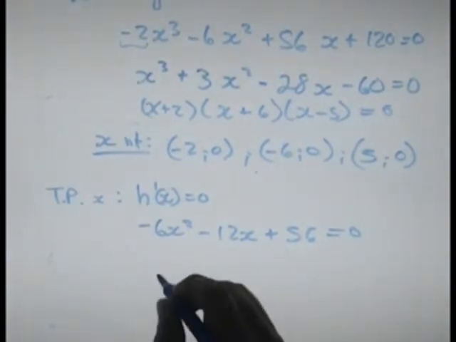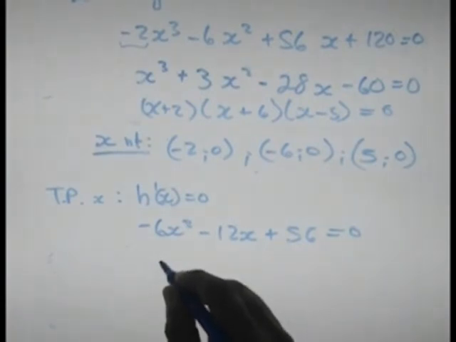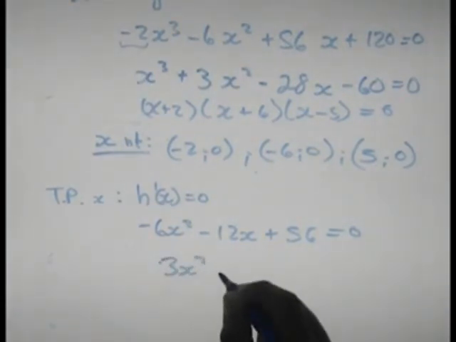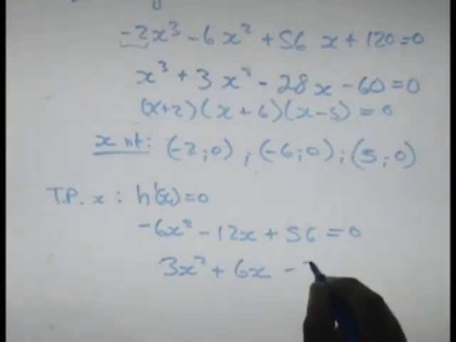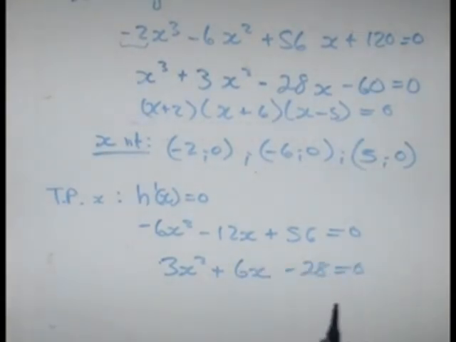Divide through by a -2, which will give us 3x squared plus 6x minus 28 is equal to 0. Here we are going to have to use the formula to get our two x values: x is equal to 2.21 or x is equal to -4.21.